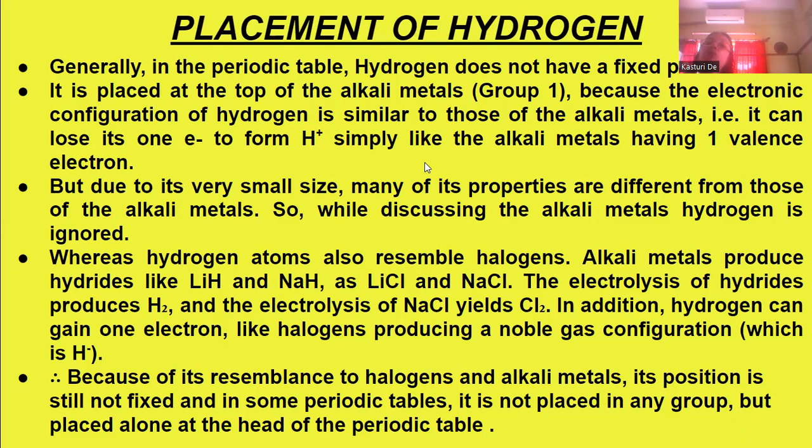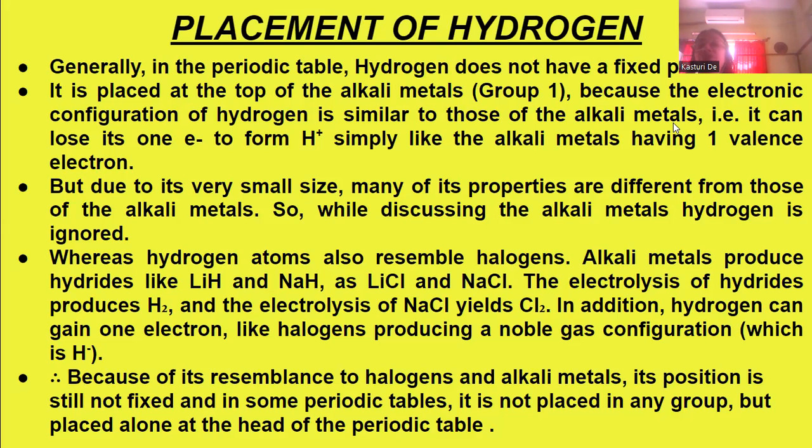Why has it been placed with the alkali metals? Because the electronic configuration of hydrogen is very similar to those of the alkali metals. That's why it can lose one electron to form H plus simply, like the alkali metals. Okay, so they are having one valence electron.